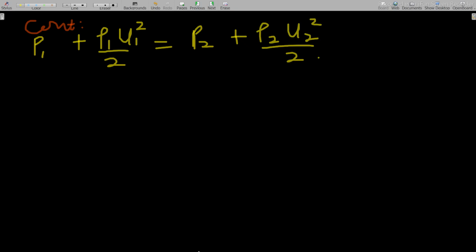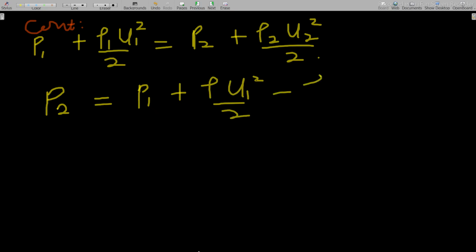So if that is the case, P2 here would be equal to P1 plus, ρ1 and ρ2 are the same and we call them ρ, ρ u1 squared over 2 minus ρ u2 squared over 2.